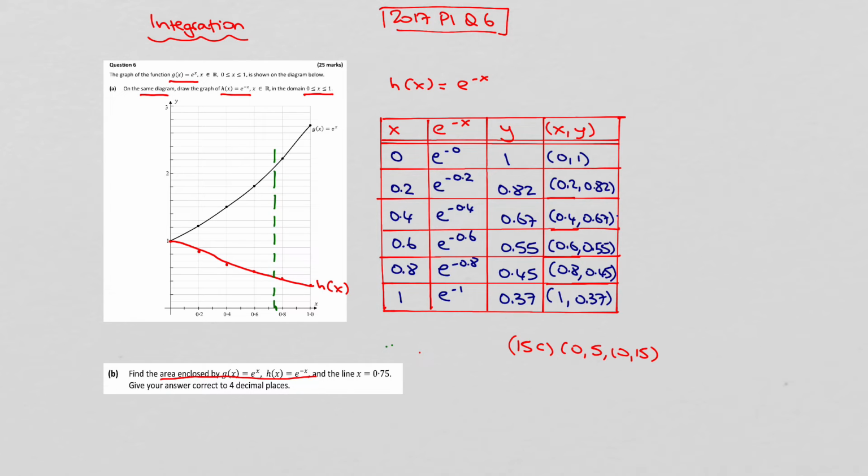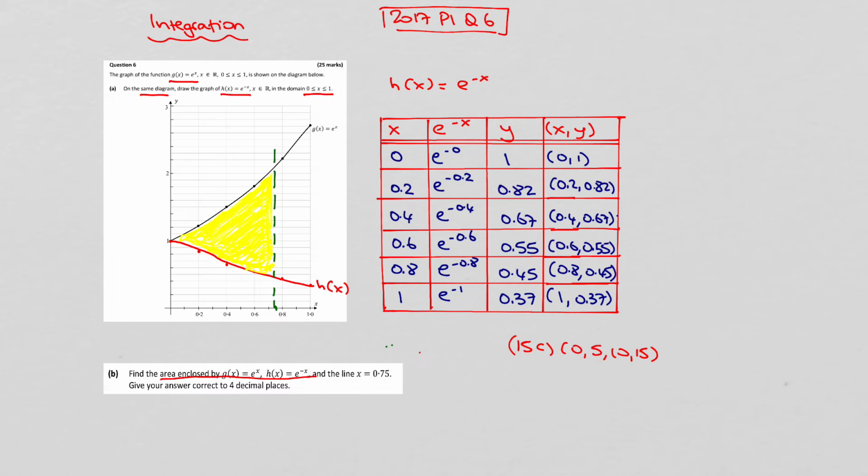So in other words, the area enclosed is this yellow shaded area. So therefore, what we're going to do is get the area under g of x using integration and the area under h of x using integration, and then we will subtract the two, and that will give us the area enclosed by the two. So in other words, the yellow area here that I'm shading.